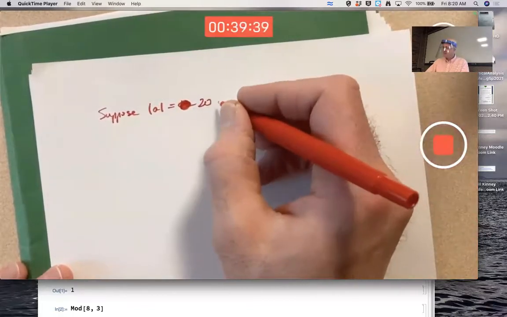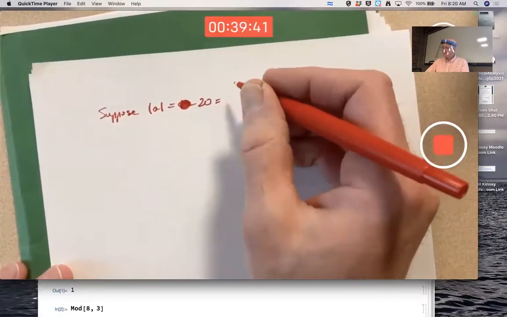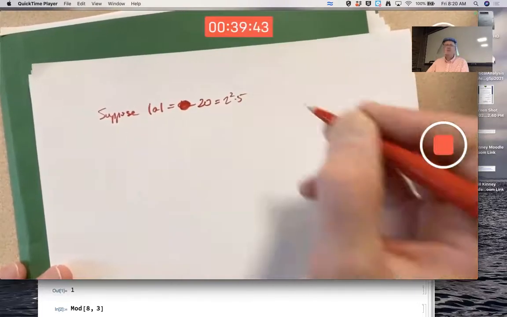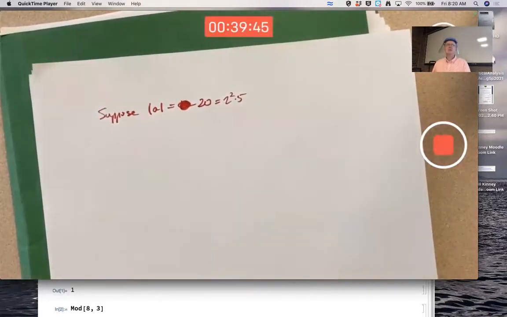So suppose the order of a is 20, which is 4 times 5, 2 squared times 5. It's going to turn out as we continue through the book that knowing the prime factorization of n will often be handy, especially when we get to chapter 8, I believe it is. Then we'll start really using prime factorizations a lot.